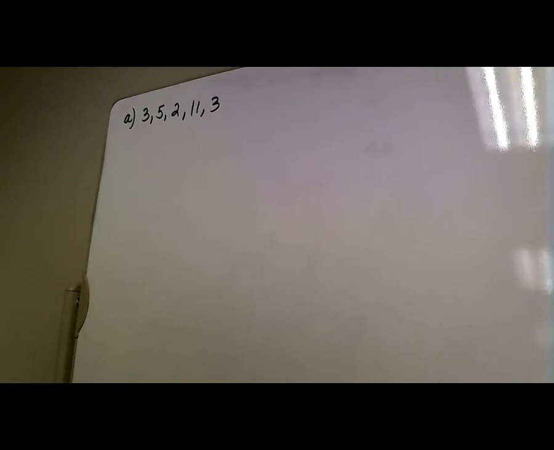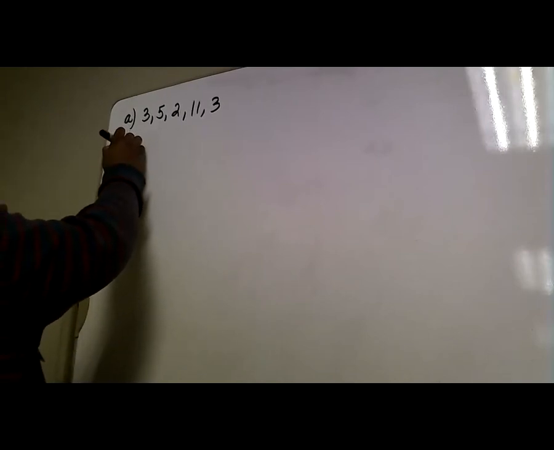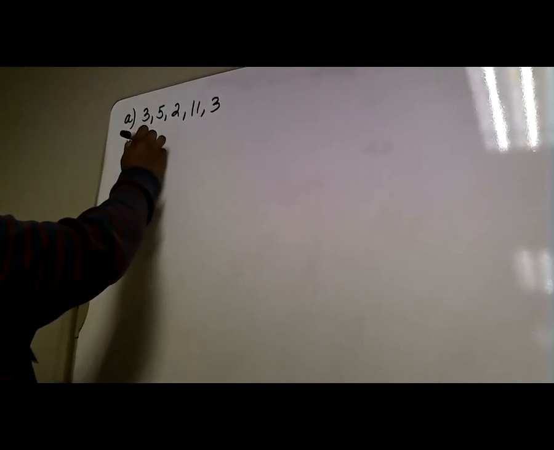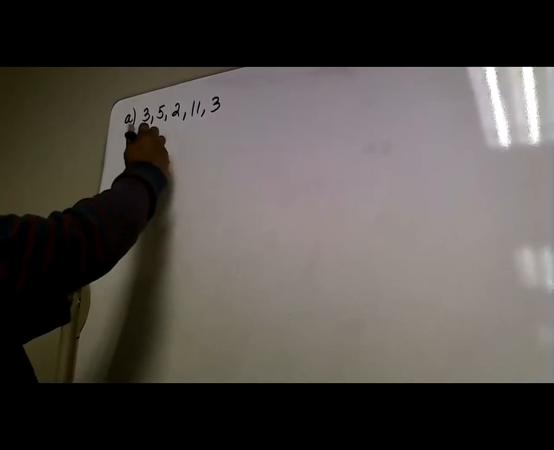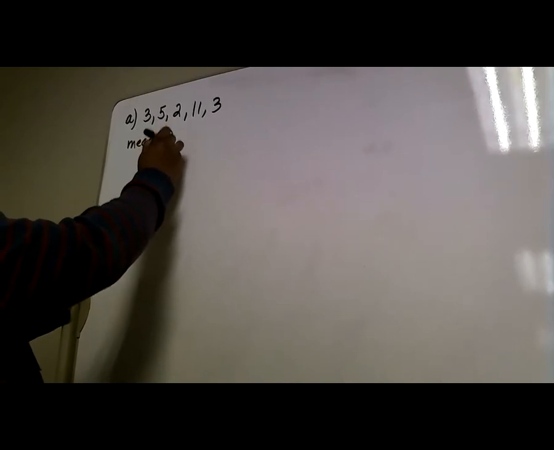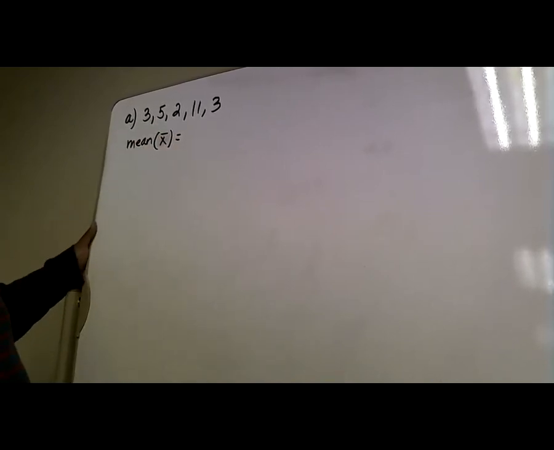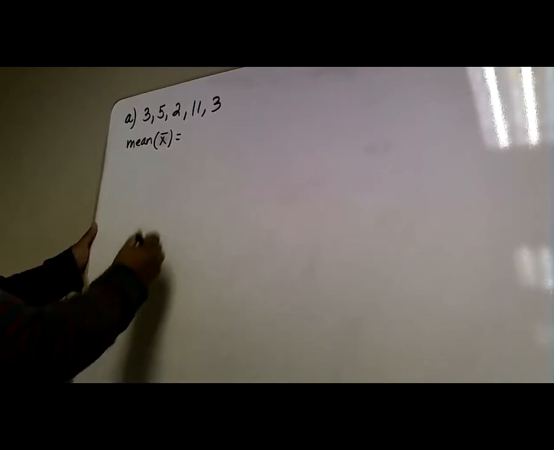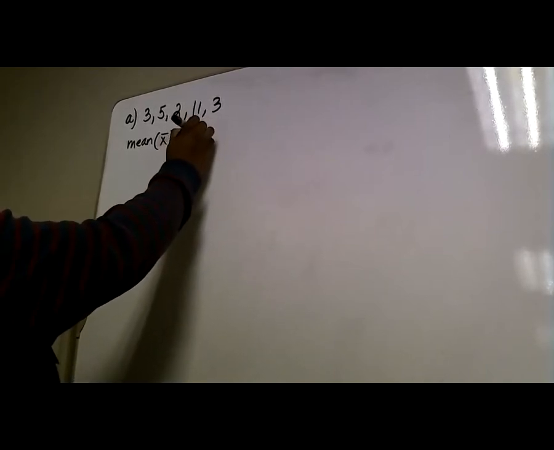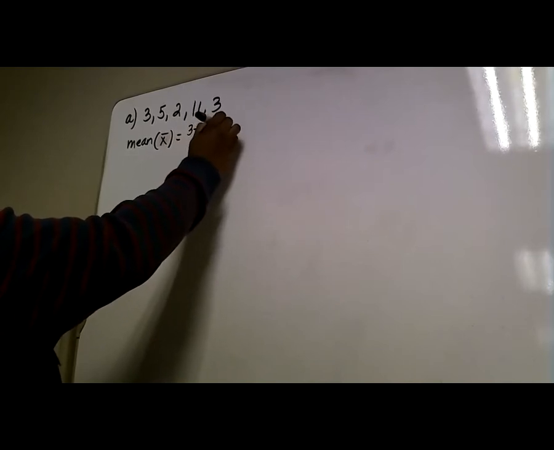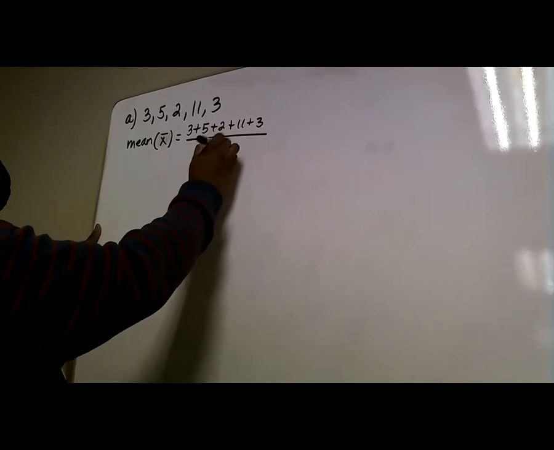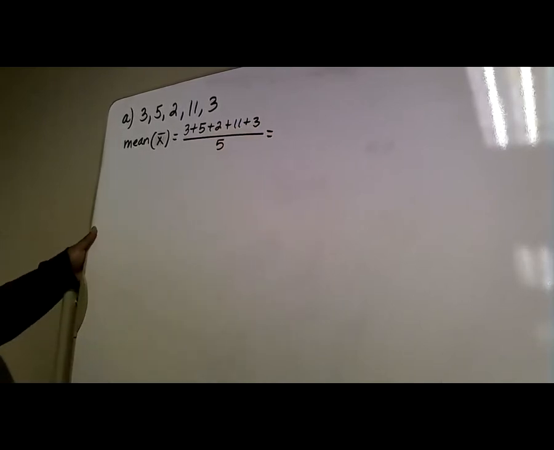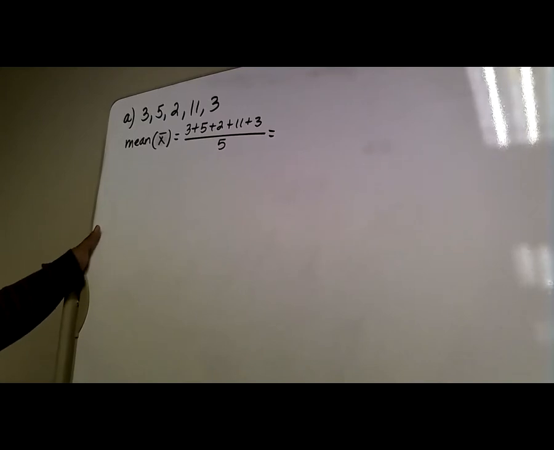All right, the first thing we have to do is find the mean of this data set, and I should say x bar. To find the mean, we just add those 5 numbers, and there are 5 data values, so you divide by 5.